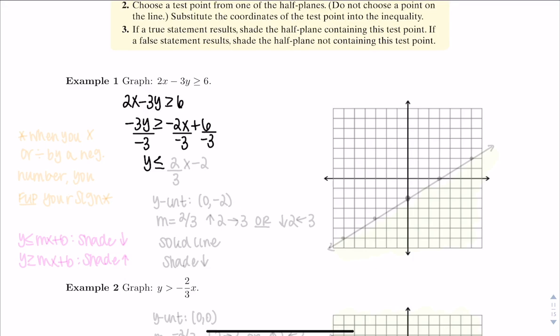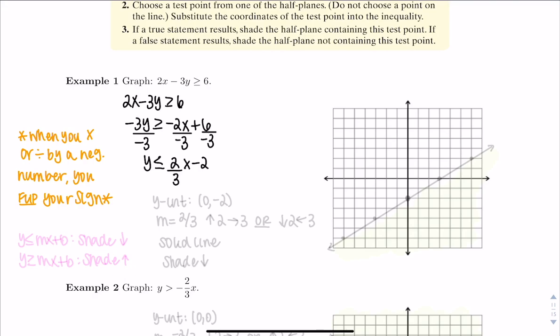Whenever we multiply or divide by a negative number, you flip the sign. And so we end up getting y is less than or equal to 2 over 3x minus 2.